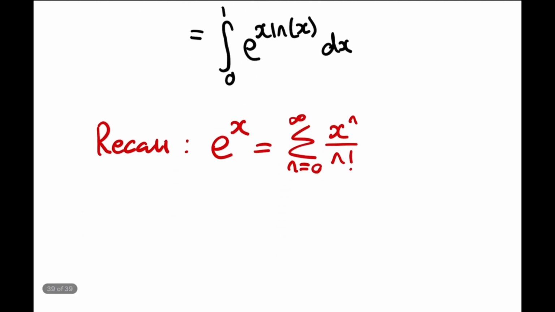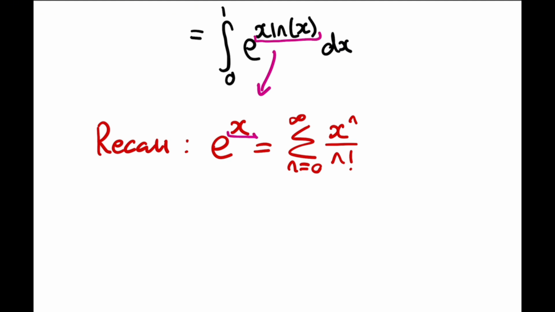Okay, so let's see how that actually relates to the integral that we've got here. We've got the integral of e to the power of x ln x, and we know the series expansion for e to the x. Hopefully you can see the relationship between these two things, and that's the fact that x ln x we can place into this x here, basically.